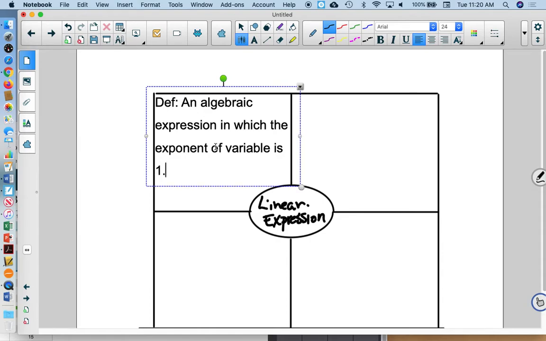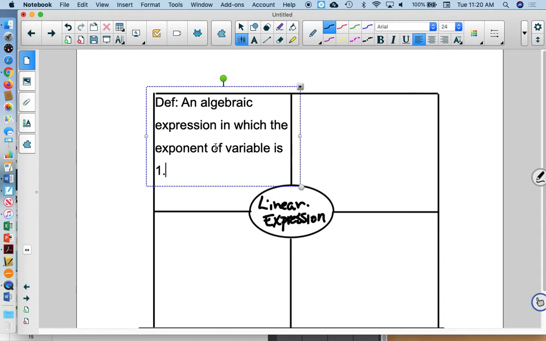That's it. Now, do you usually see the 1? No. It's understood that if my variable is x, that exponent could be a 1 if I wanted it to be, but I don't show it because I don't need it. It's just understood, okay?